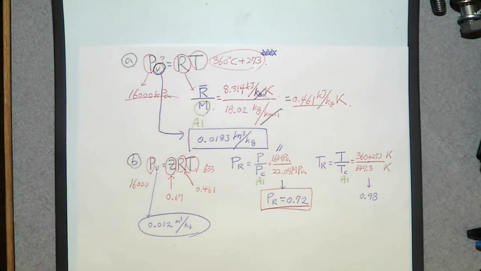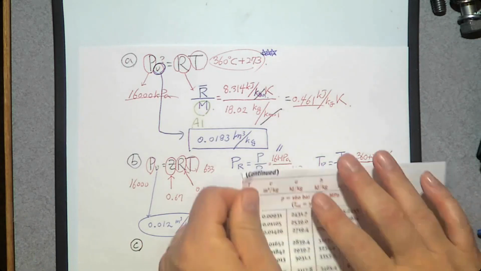Then the last one, by using the steam table. So we have superheated vapor, and pressure is 16 megapascal, temperature is 360 degrees Celsius. So what is the specific volume?